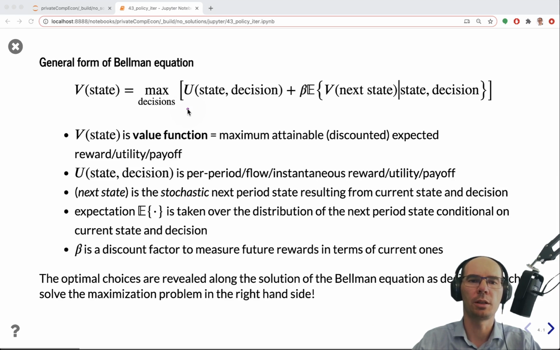And we are maximizing this expression, which contains the current period payoff, the utility function or the profit function, and the discounted expected value of being in some state in the next period, with the expectation taken with respect to all the random components in the model, conditional on the current state and current decisions.